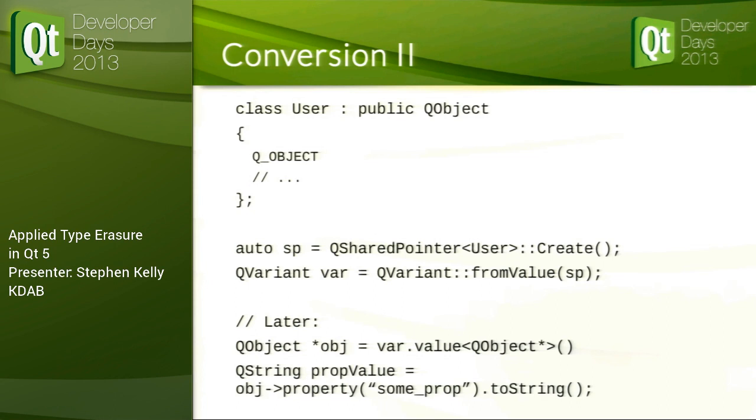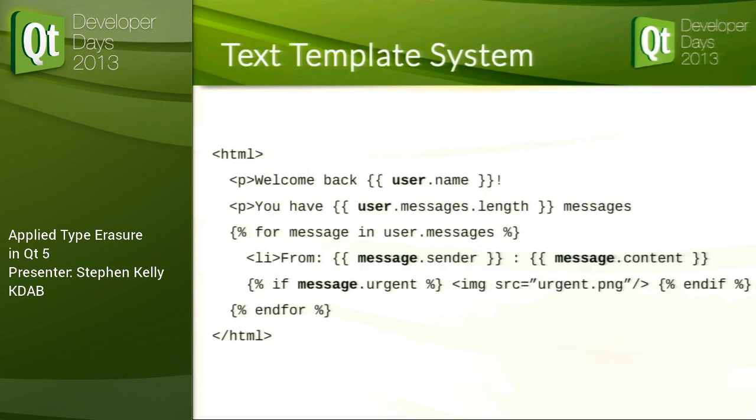And that actually gave me this same user object, which I created up here. Once I have that, I can call any QObject API on it that exists. So in that case, I invoke property, passing some kind of name, and convert that to a string. So all of the highlighted stuff on this slide is just QObject subclasses or shared pointers to QObject things.